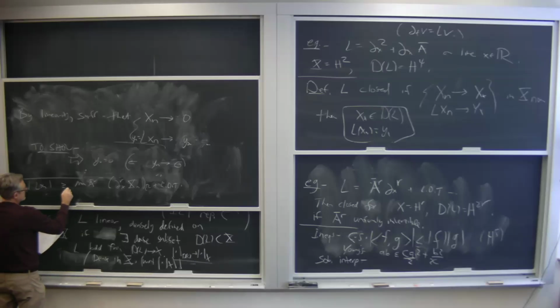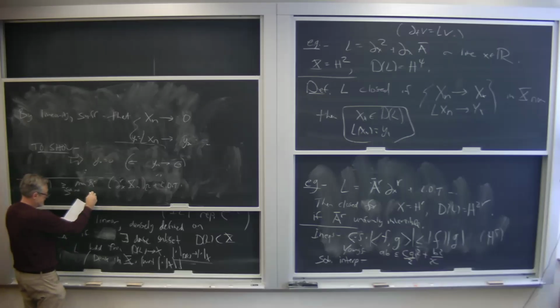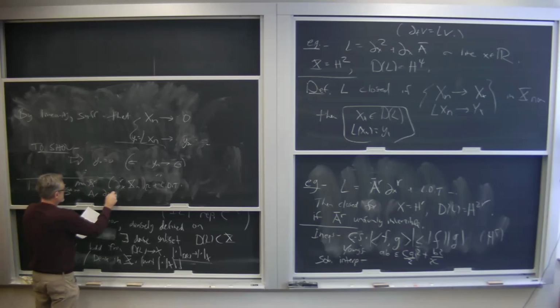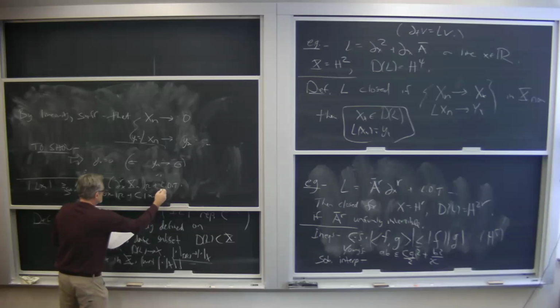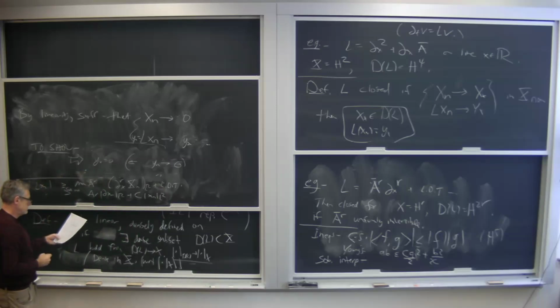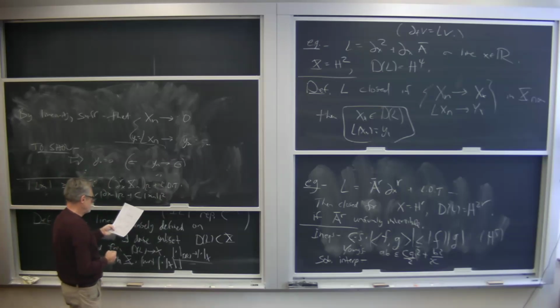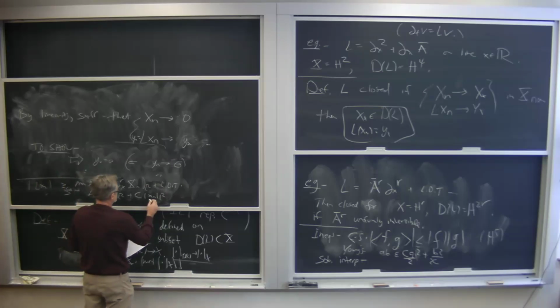And then I'll use the Sobolev interpolation that I was just demonstrating to get A R dxn in L squared plus a big constant times xn in L2. And this goes to 0.